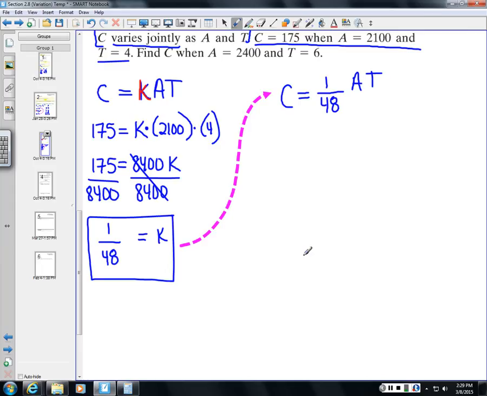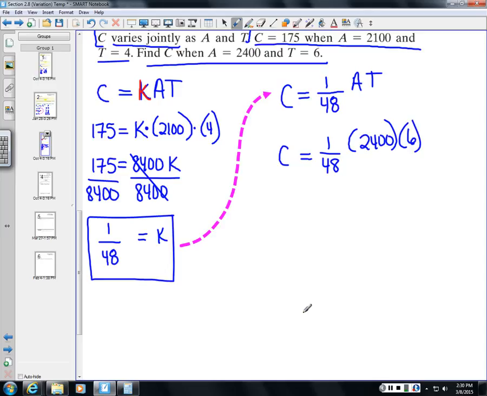So that's how it's going to vary. And now they give me the last part, which say, okay, now that you know what k is, let's see what happens to c if a moves up to 2400 and t moves up to 6.